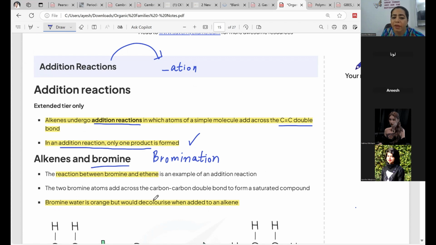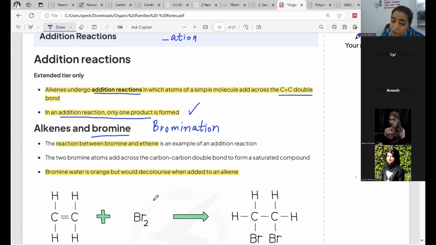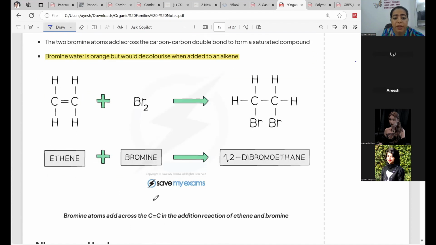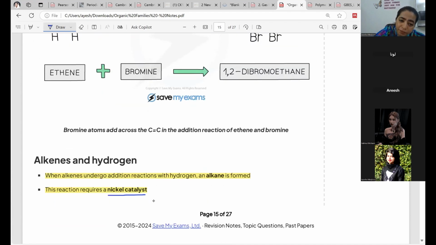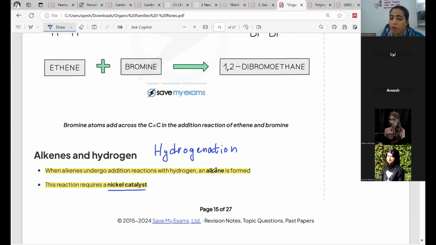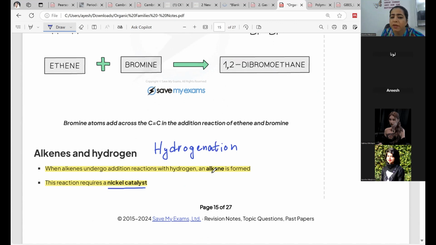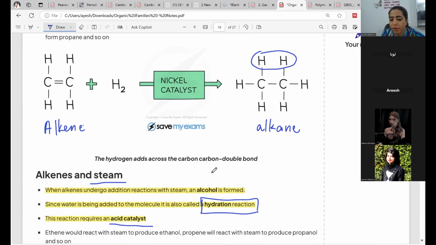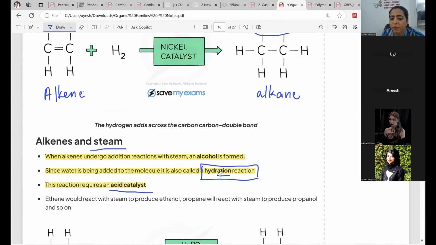In the same way, when we add hydrogen, it is known as a hydrogenation reaction, meaning addition of hydrogen. And when we add water, water means hydro, so we call it a hydration reaction, addition of water. So the "ation" ending will come at the end of all the addition reactions.